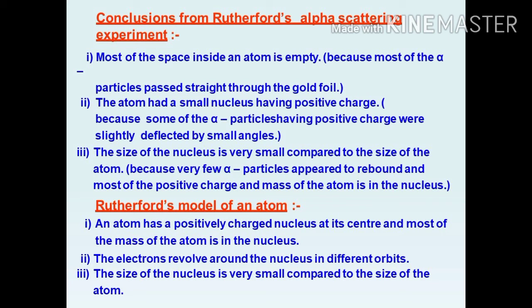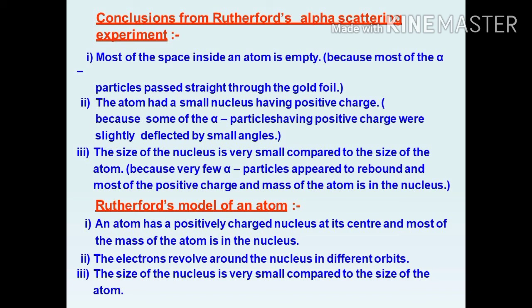Once again, listen to the conclusions from Rutherford's alpha scattering experiment. Most of the space inside an atom is empty because the alpha particles passed straight through the gold foil. The second conclusion: the atom has a small nucleus having positive charge, because some of the alpha particles, having positive charge, were slightly deflected by small angles.